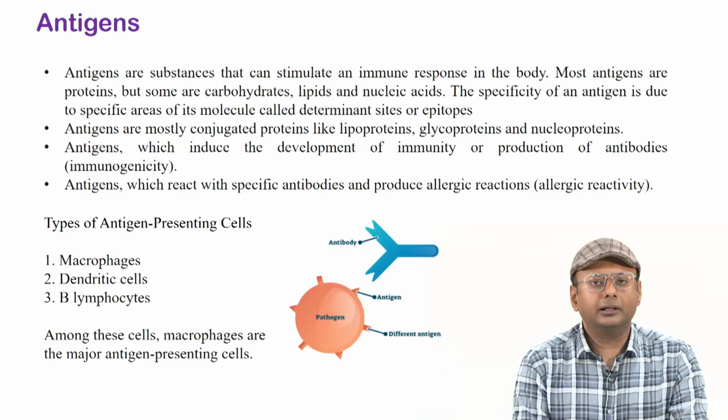It can be a living or non-living foreign object. For example, an antigen can be bacteria, any type of microbe, a virus, or other foreign particles like dust or toxins or toxic substances.